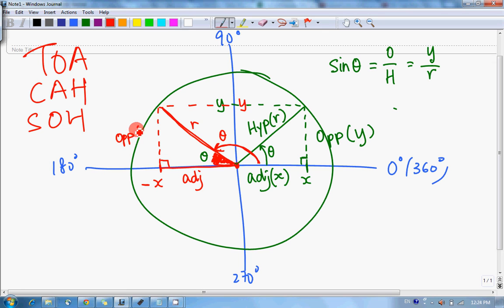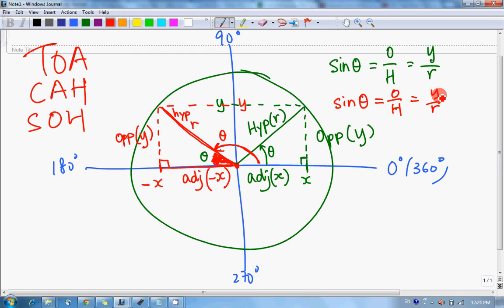My opposite will have the value of y, adjacent will now have the value of negative x, and hypotenuse remains as r. Also take note, r is always taken as positive. So in this case, sine theta, what do I have here? Sine is still O over H, and I will still have y over r.